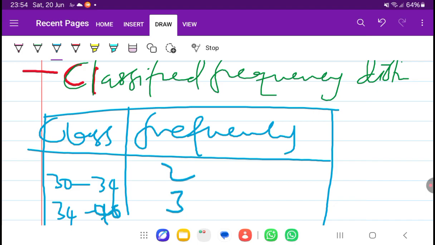So those are the grouped frequency distributions. They are going to be in this kind of line, and we are going to be using what we call the classified frequency distributions. But at some point, we also have what we call the two-way contingency tables.